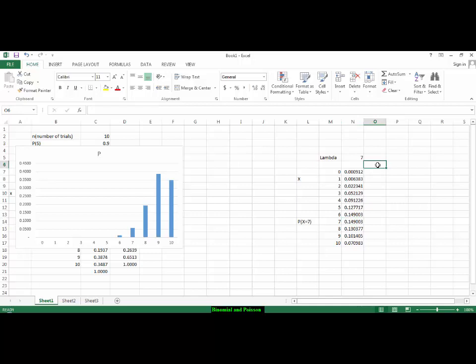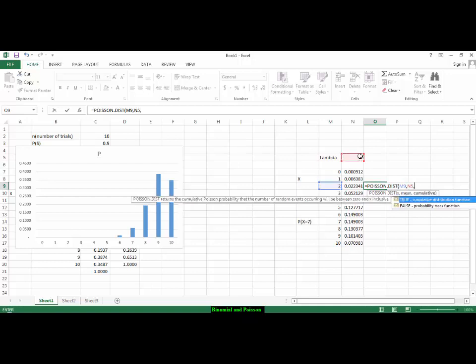If I try to find the cumulative probabilities, let's say the probability of x being less than or equal to 2, then I'll again type POISSON.DIST, where my x is 2, my mean is 7, and now I'll type here 1 because I'm looking for the cumulative distribution function.